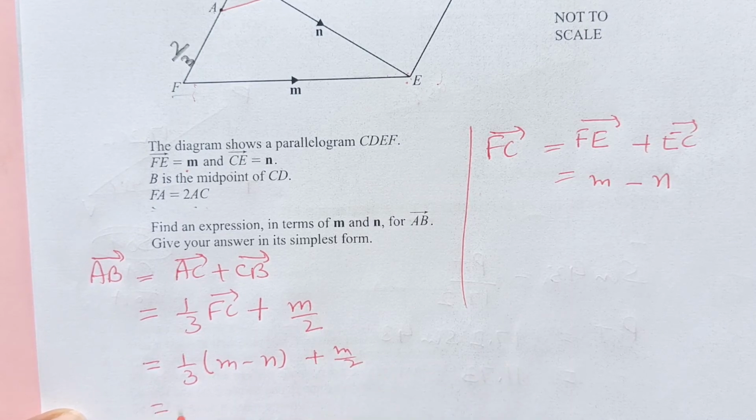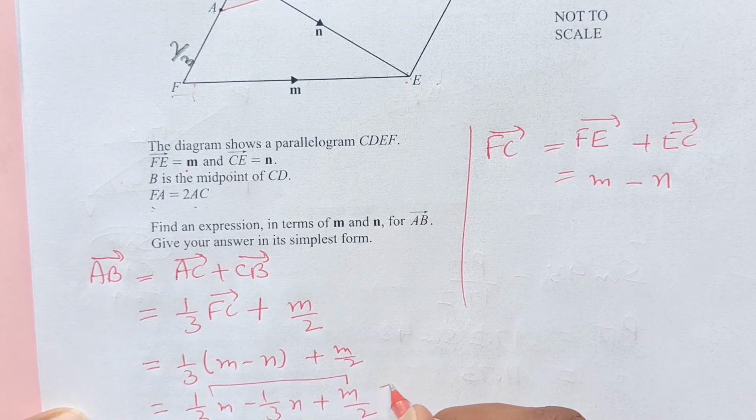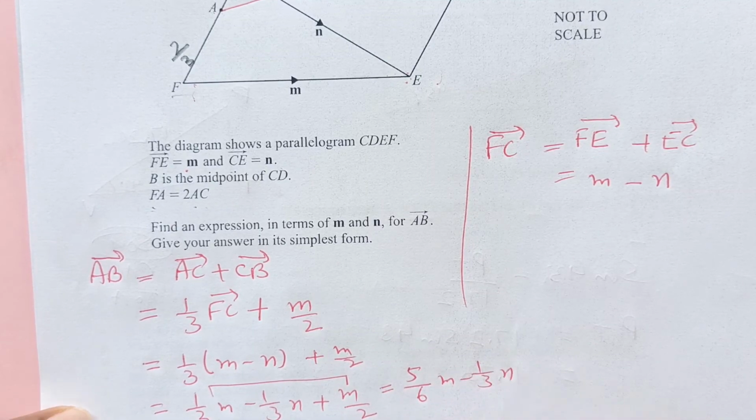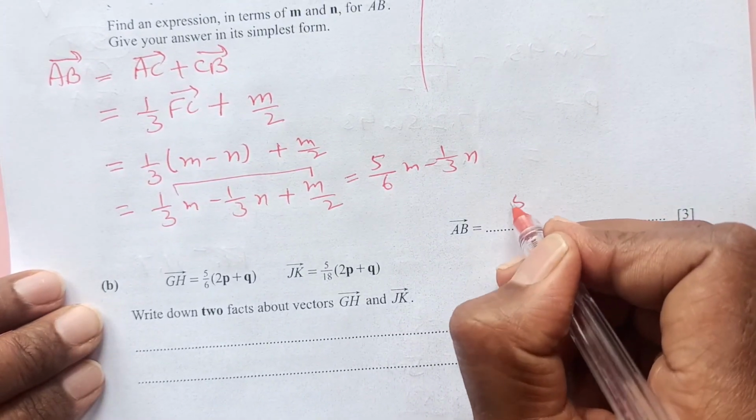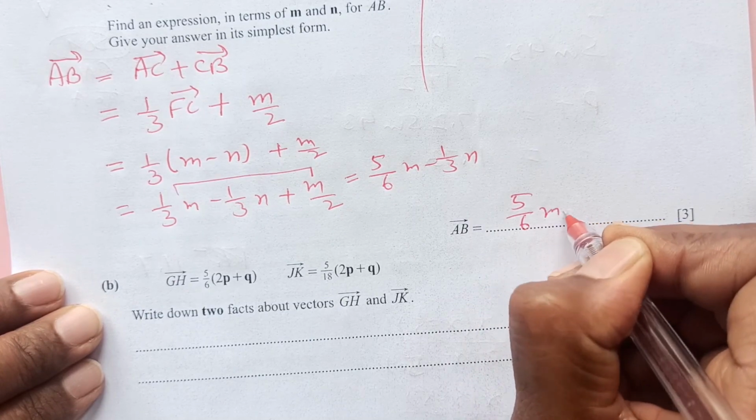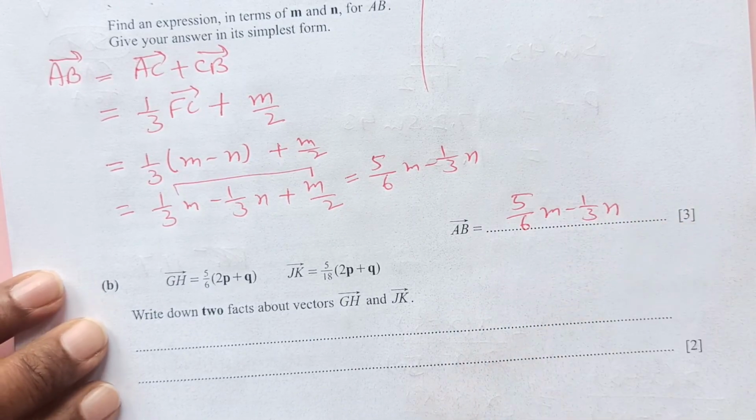Now just calculate 1 over 3 of the vector plus m over 2. So when you add this, it becomes 5 over 6 m minus 1 over 3 n. Right, so this is the final answer, 5 over 6 m minus 1 over 3 n.